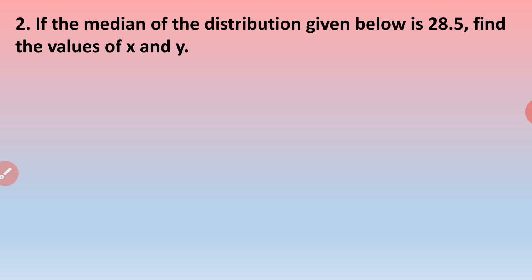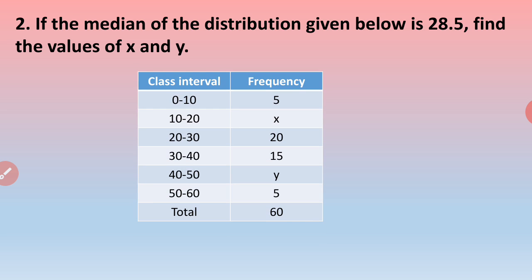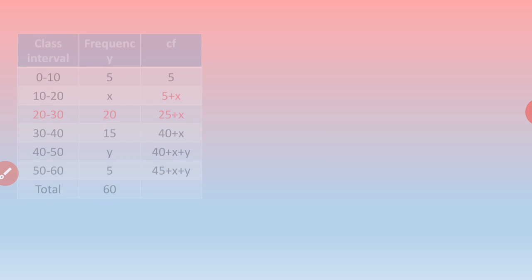Here, if the median of the distribution given below is 28.5, find the values of x and y. The median is already given in this question. There are certain missing frequencies that we are supposed to find out. Let us proceed.